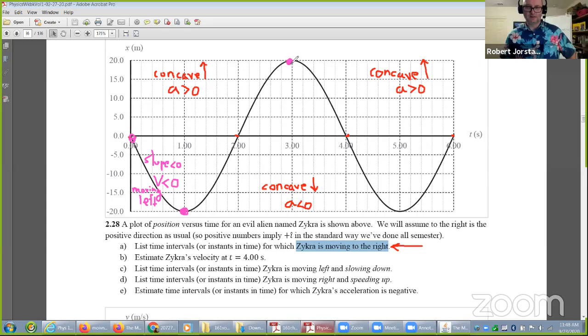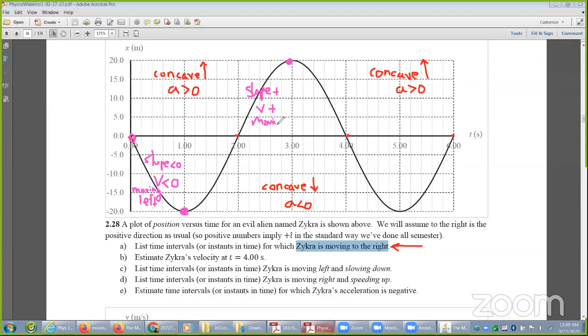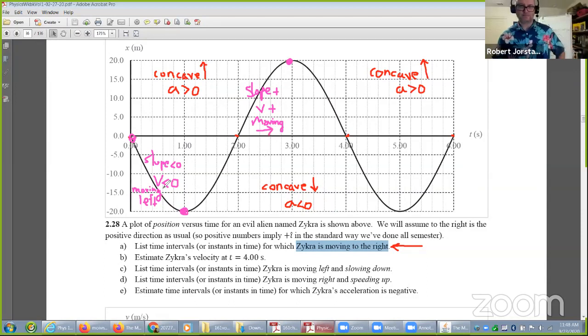Yeah. And so here, slope positive, which says V is positive, right? Which says moving which way? To the right. Moving right. So far, so good.